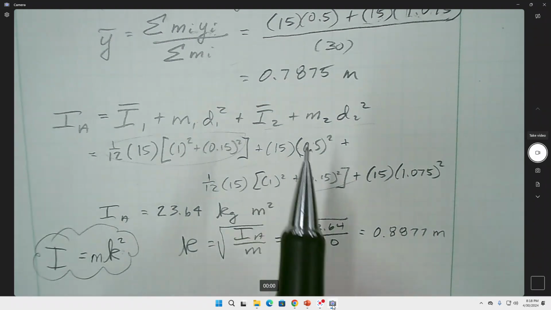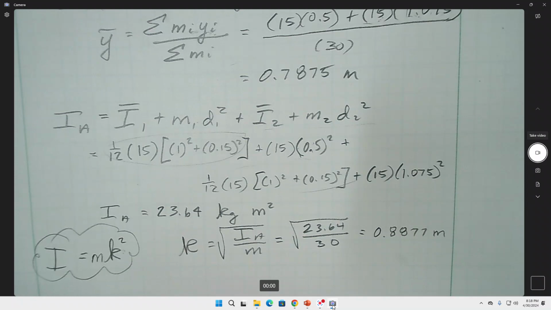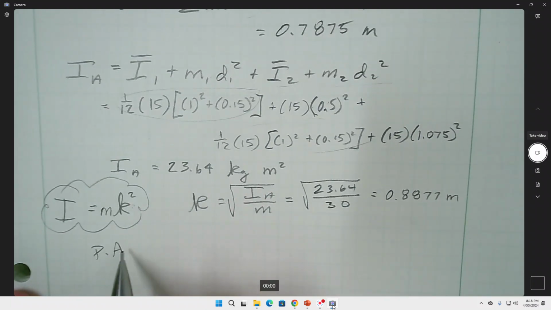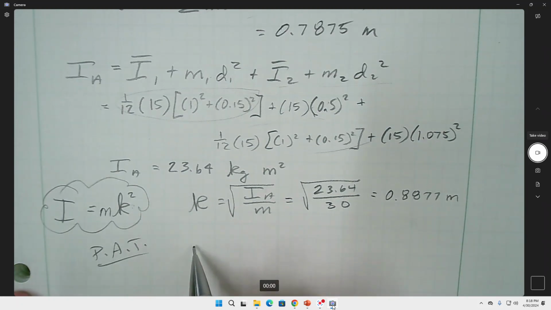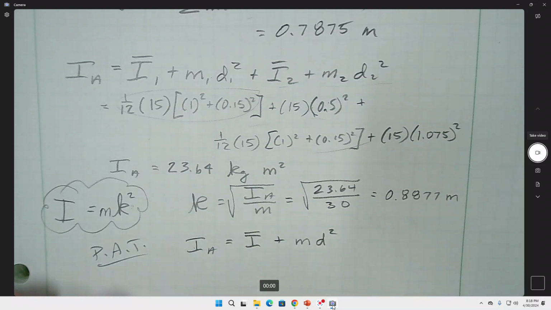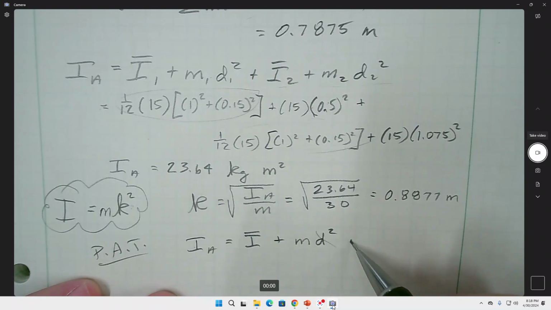And then finally, part C, where we want the mass moment of inertia about the centroid, or the center of mass would be the more appropriate thing to say. It is in fact the centroid of this. For that, we need to use the parallel axis theorem. IA is equal to this right here plus the mass times the distance squared that you need to move it, which is y bar.